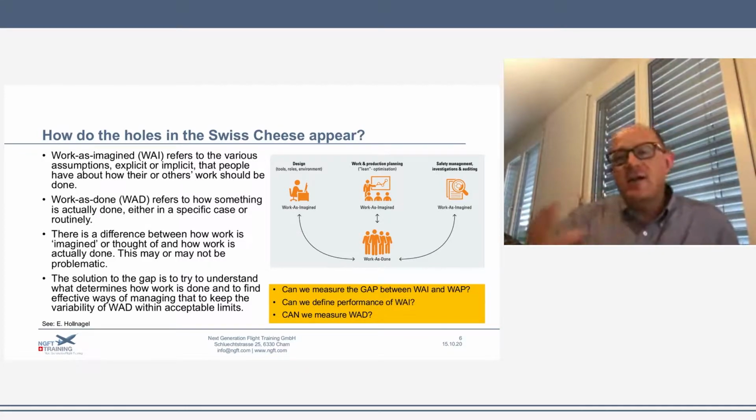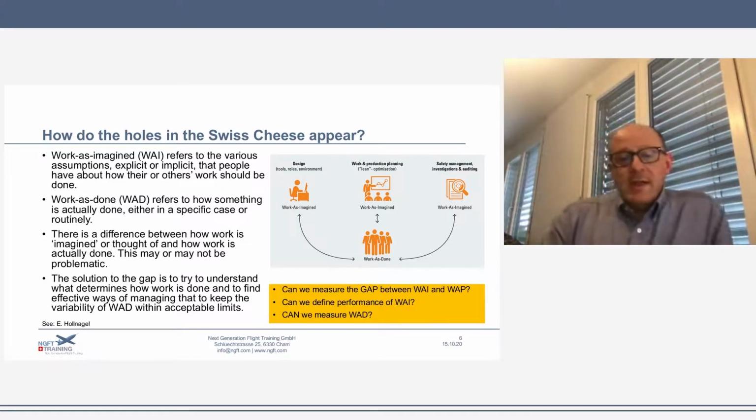But then there is obviously, as we all know, the difference to work as done. And that's actually how it is done, okay? Either in a specific case or on a routine basis, because that's just the way people do it, because they have found it to be more efficient.